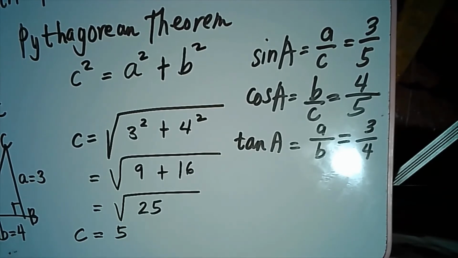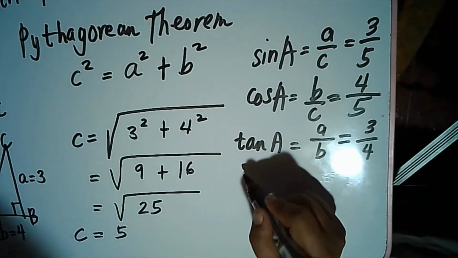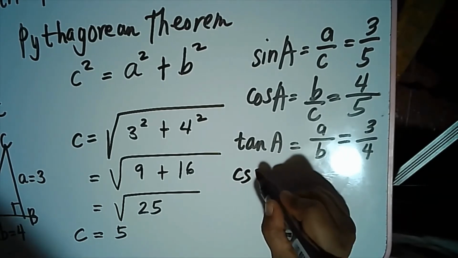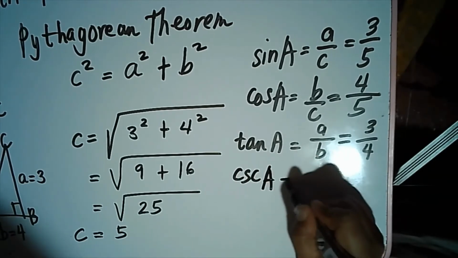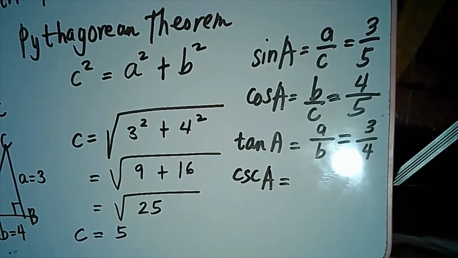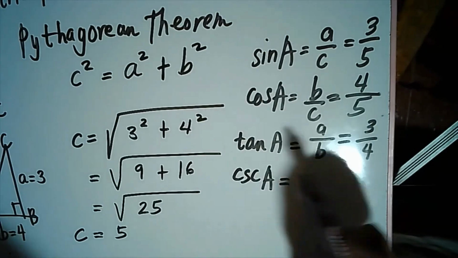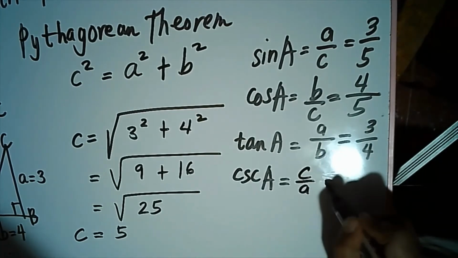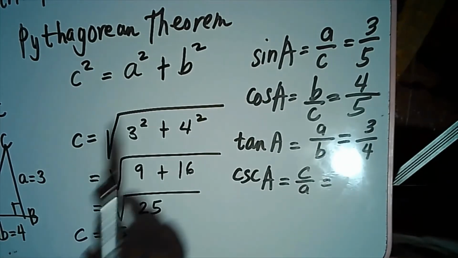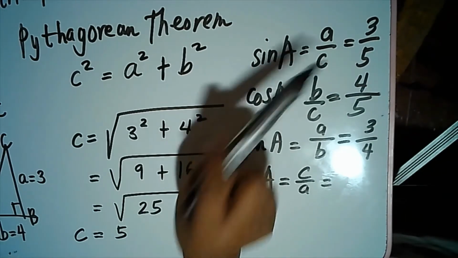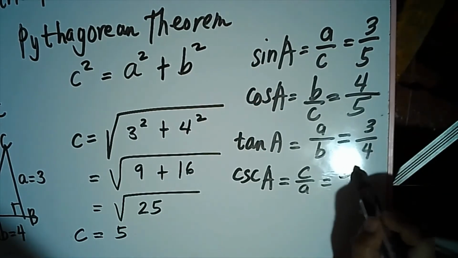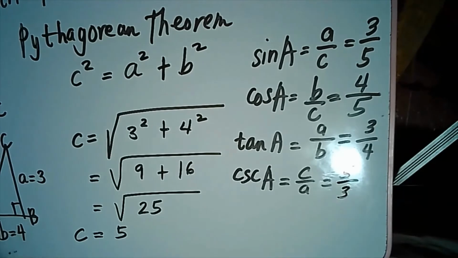Then we could also find the other 3 trigonometric functions. The cosecant A, which is the reciprocal of sine A, so that would be C over A. So the reciprocal of 3/5 is 5 over 3.